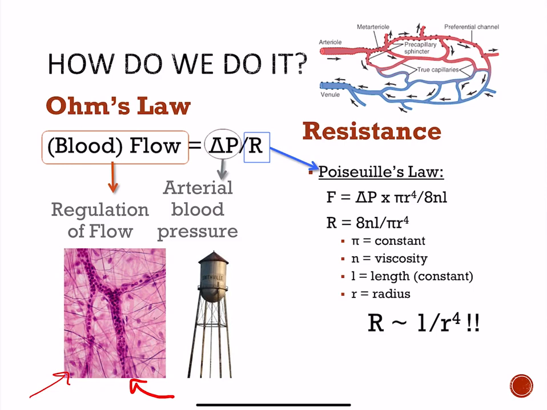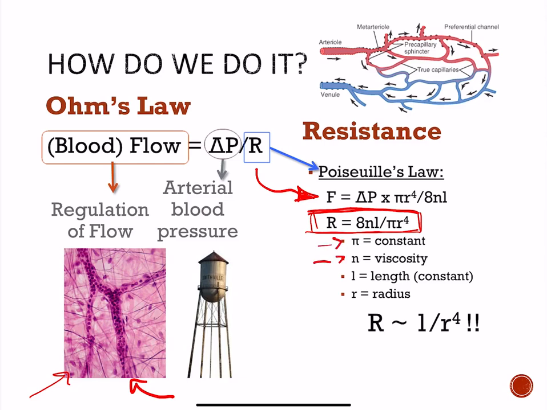So if blood flow is equal to delta P over resistance, and we look at the factors that go into resistance, we extrapolated into this original equation what the resistance is, so I can draw your attention here. Resistance is made up of a constant for the math equation.